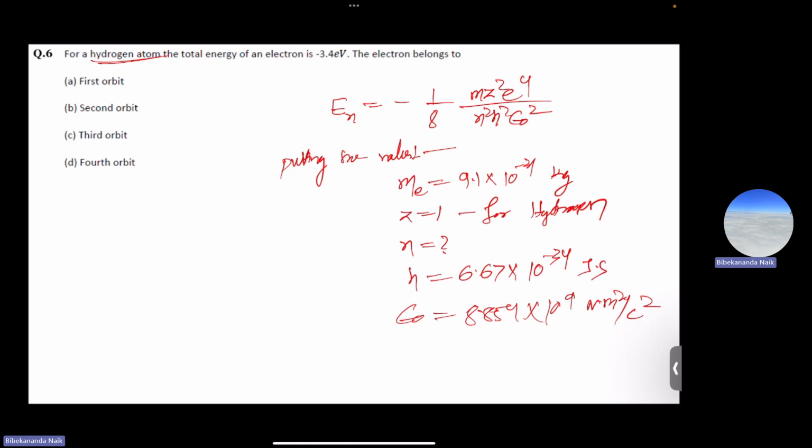Or if you put the value, it is 8.854 into 10 to the minus 12 Newton meter square per Coulomb square.